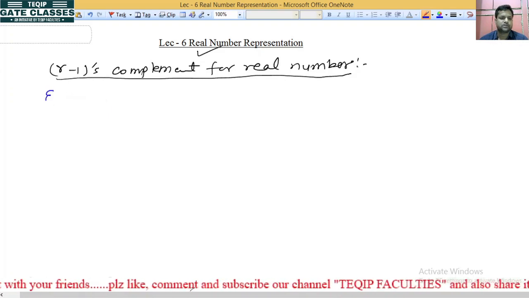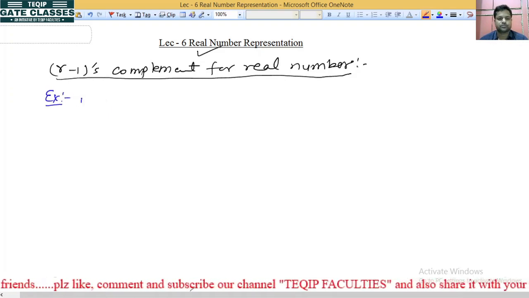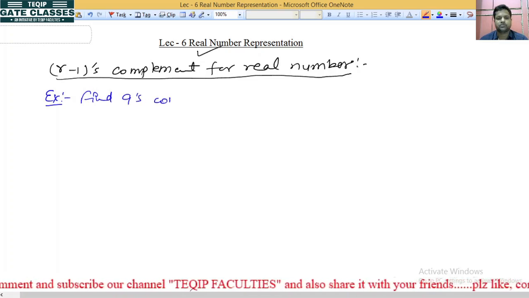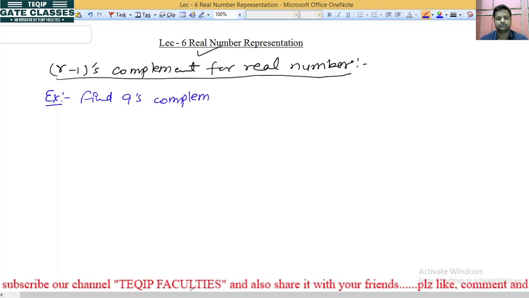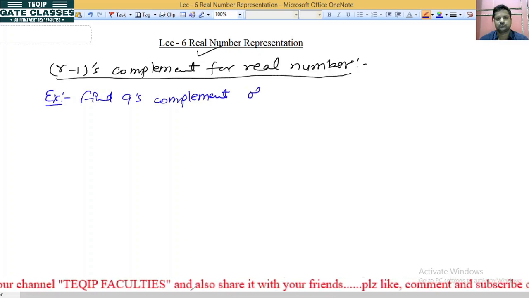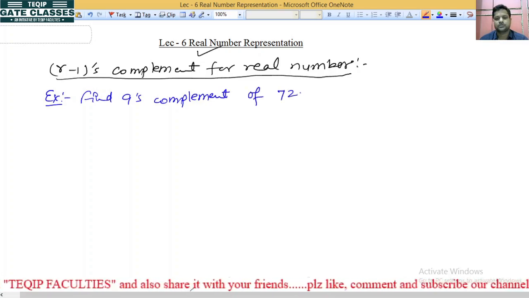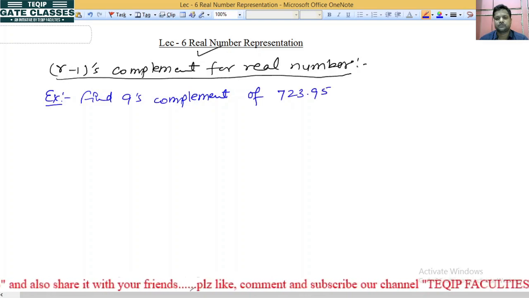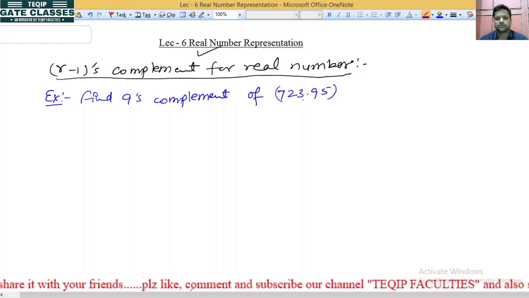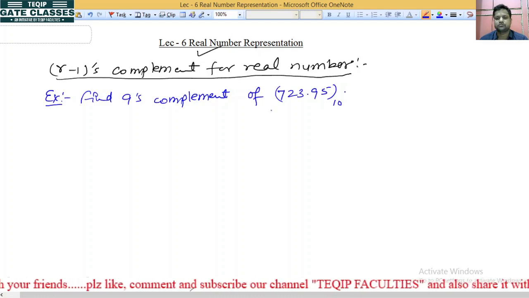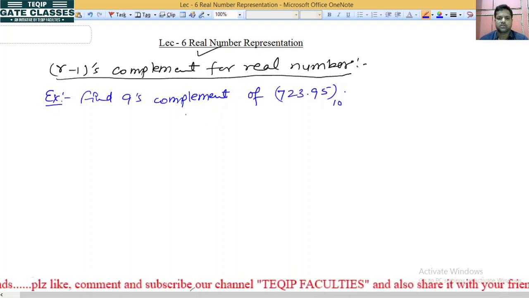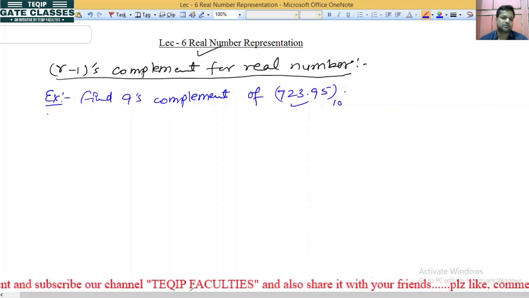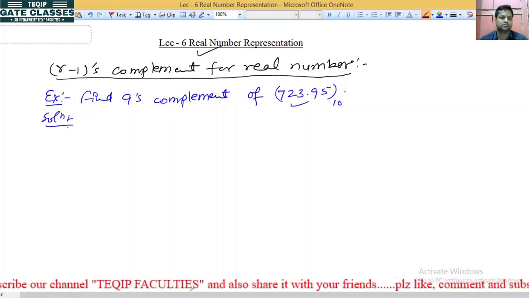So for example, suppose I want to find 9's complement of 723.95. This is our decimal number system and I am going to calculate 9's complement of this number. What will be the solution?